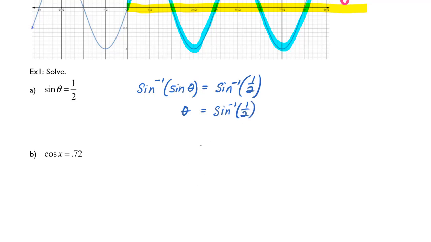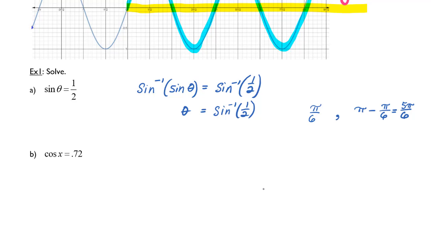And we can find this in our calculator if we haven't memorized it already, but we know this happens at pi over 6 and also at pi minus pi over 6. Do you notice that that will give me 5 pi over 6 if I take pi and subtract pi over 6 from it? This is because we're looking at a reference angle when we are looking at the height. And so pi over 6 is the reference angle, and the next point at which this happens is at 5 pi over 6.